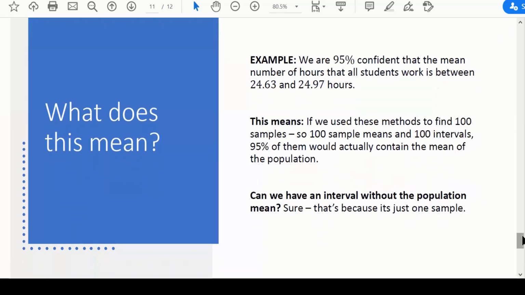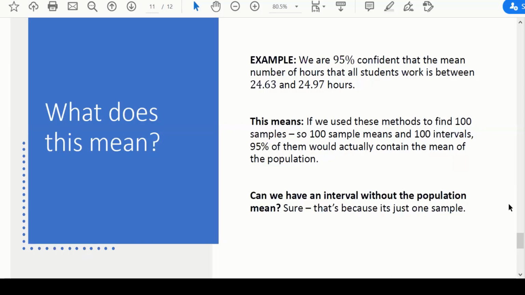So what does this mean again? If we're 95% confident that the mean number of hours that all students work is between 24.63 and 24.97 hours, this means if we use these methods to find 100 samples, then we have 100 different sample means and 100 confidence intervals.